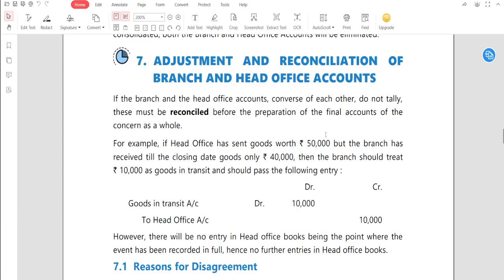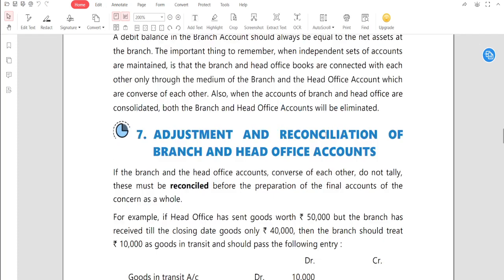So now let's see what is given here. Let's discuss this thoroughly to get a fair bit of idea regarding this.